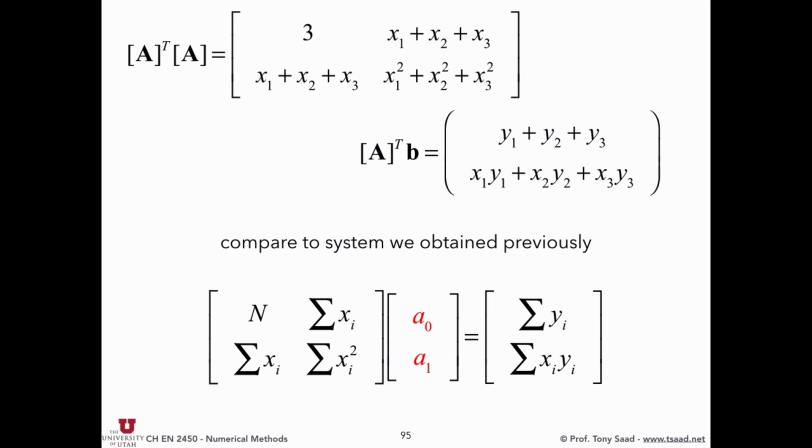At x2, we have a0 plus a1 x2 equal y2. At x3, we have a0 plus a1 x3, and at xn, we have a0 plus a1 xn equal yn.